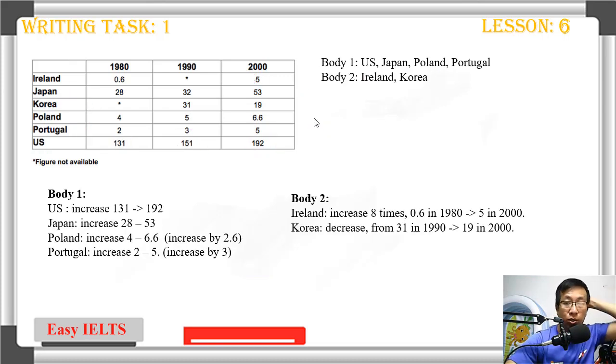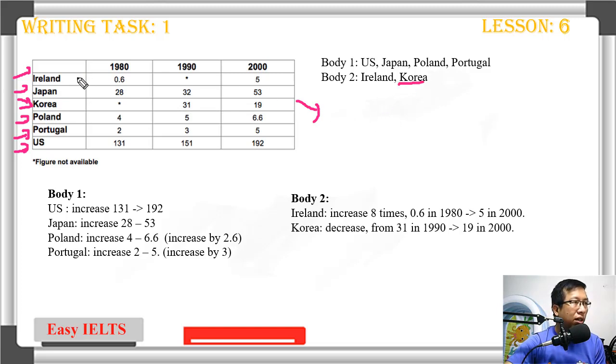So now we go into laying out our body 1, body 2. Okay, so we have Ireland, the number goes up, Japan goes up, Korea goes down, Poland goes up, Portugal goes up, and US goes up. If you look at the number, you can see Korea is the only country whose number decreased, so we have to put it in 1 body.